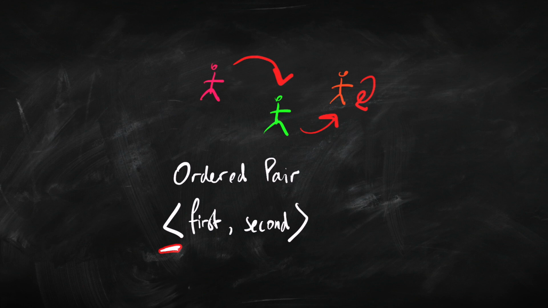We're using these angle brackets to say we've got an ordered pair here, and the thing we write down first is the first thing, and the thing we write down second is the second thing. So for instance, to represent Anna liking Beck, how would we do that? Well, we have Anna as the first thing, and Beck as the second thing.